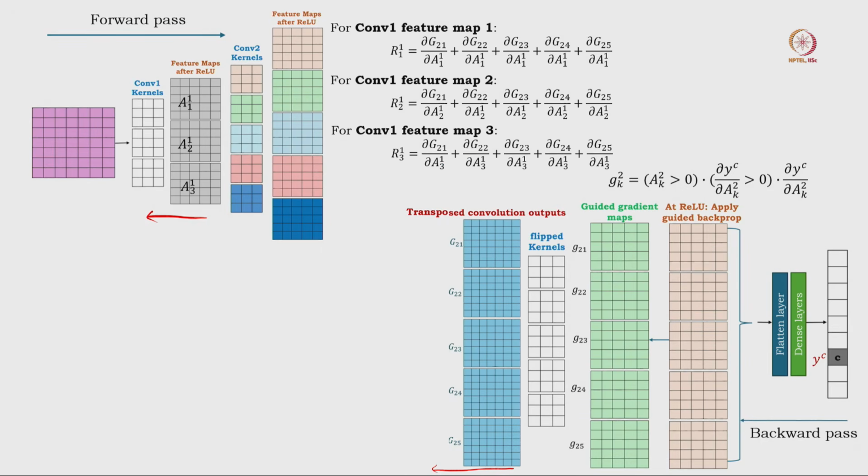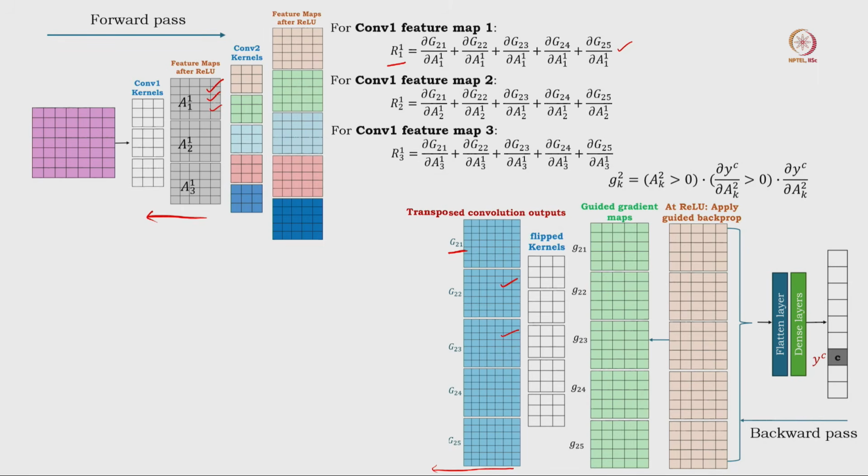How are we computing the incoming gradients? Now, you see, you will take this G21 and compute the gradients with respect to this feature map. You will take this gradient with this feature map, and this gradient with this feature map. Look at this formula, what we are doing: you add up all of these, you get R1.